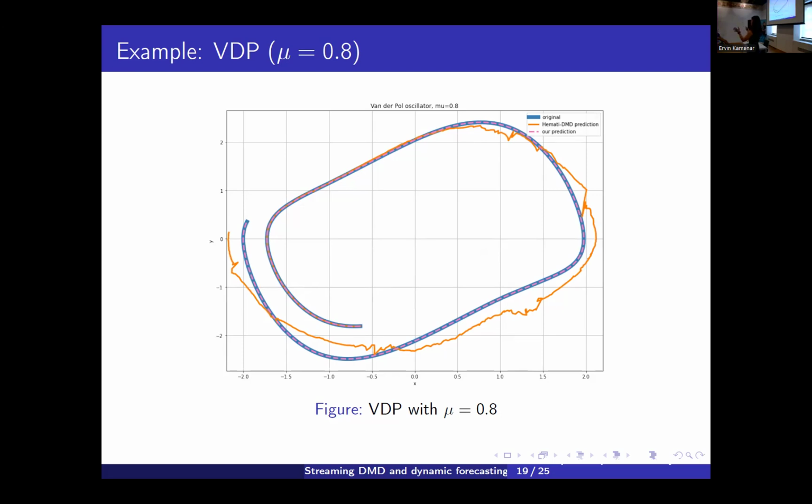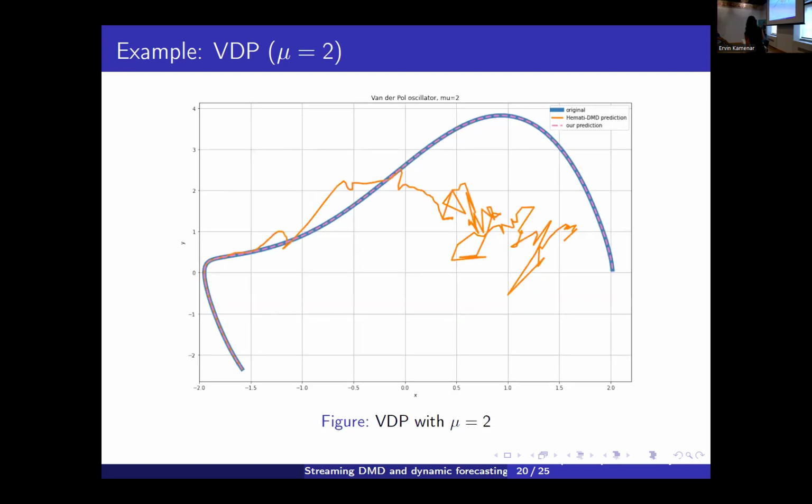So we have a fixed size window here, and then we get a new snapshot, remove the oldest snapshot, and then make one prediction ahead. And the orange line, which drifts off a bit, is the Hemati prediction. When we increased mu to 2, the Hemati prediction gets lost even sooner because it's trailing all of the former information and we cannot remove it.